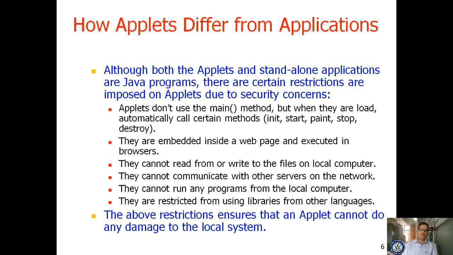But with an applet program, they are restricted from using these libraries. The above restrictions ensure that an applet cannot do any damage to the local system. So these are the restrictions specified for applets.